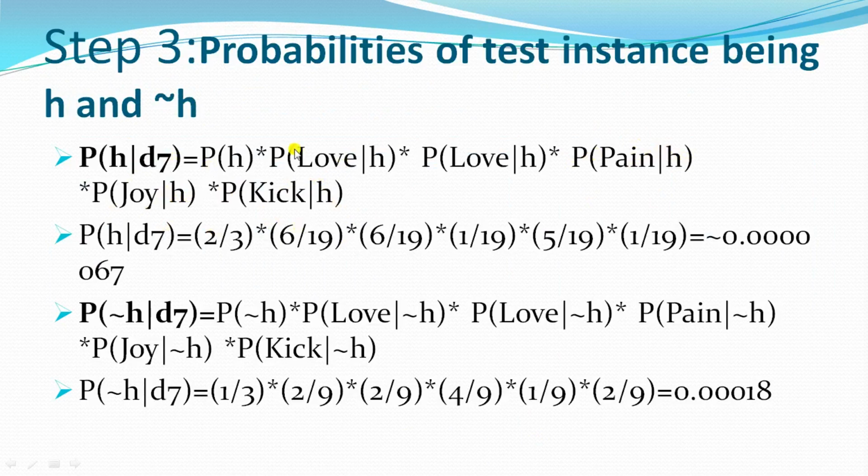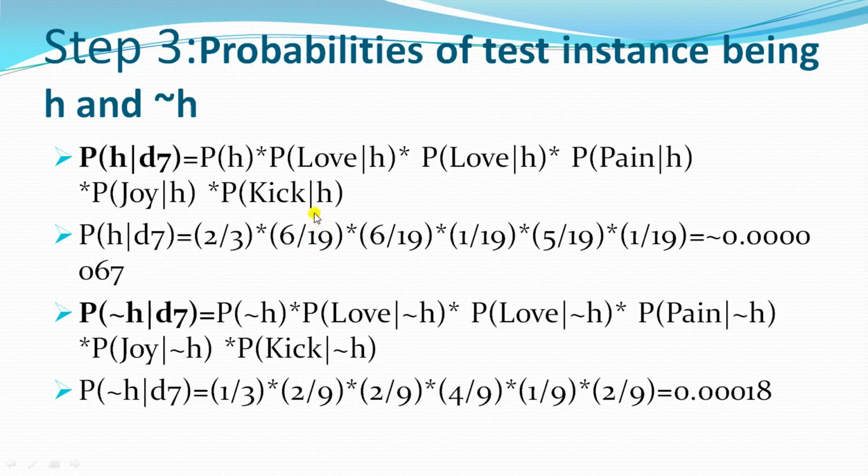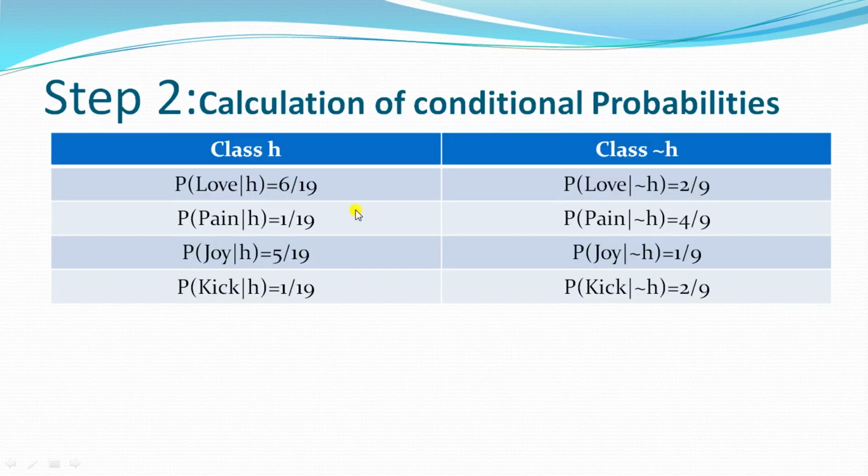Now, whatever the value of this particular probability, simple, we have already calculated this. That is P of H given D is equal to P of H, that is prior probability of H, that is step number 1. Go to step number 1, that is P of H, that is 2 by 3. So it is 2 by 3 into, see probability of love with respect to H, it is here 6 by 19.